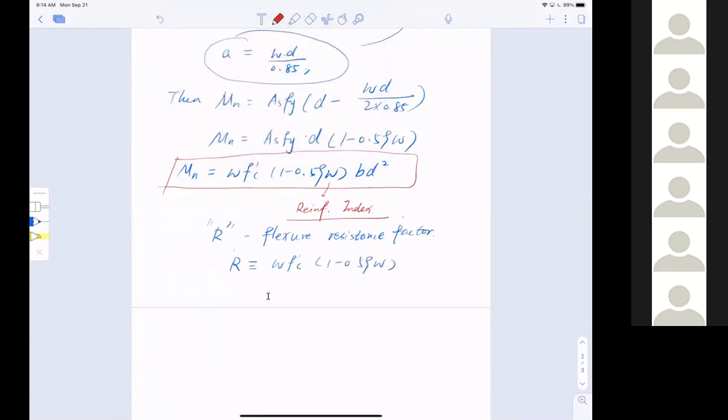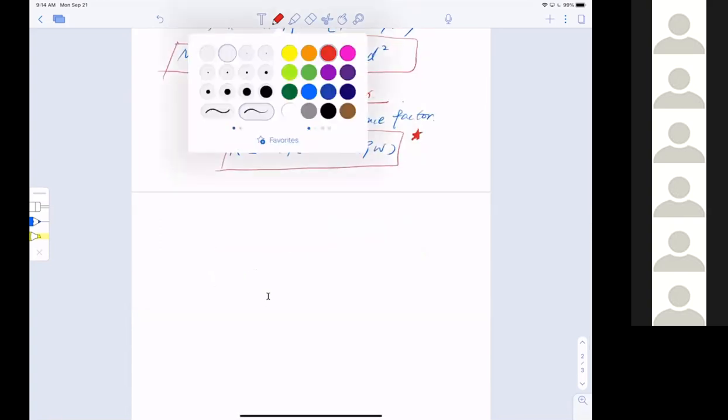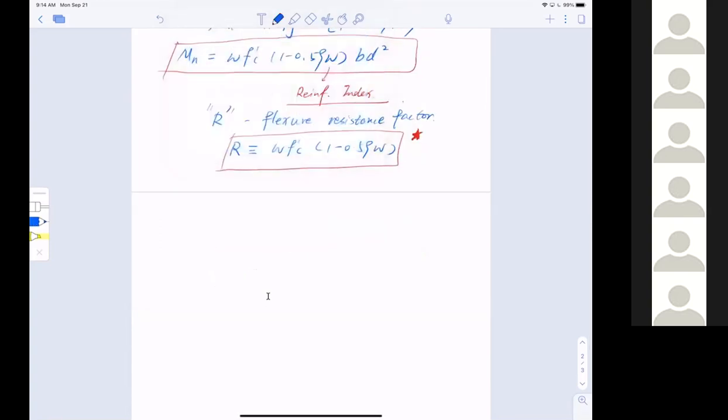Red box means you have to remember this. With this parameter, things are easier. Now I got my moment capacity Mn essentially equal to R B D squared.